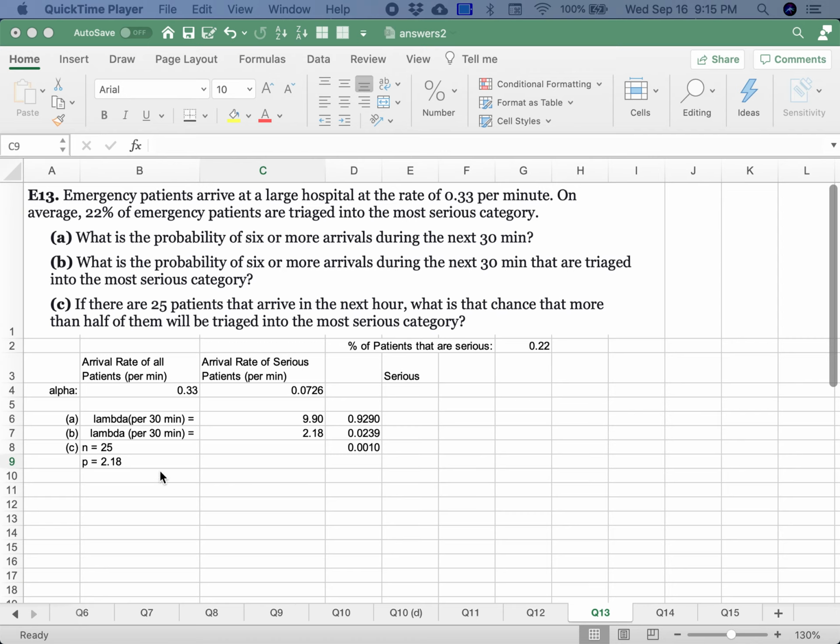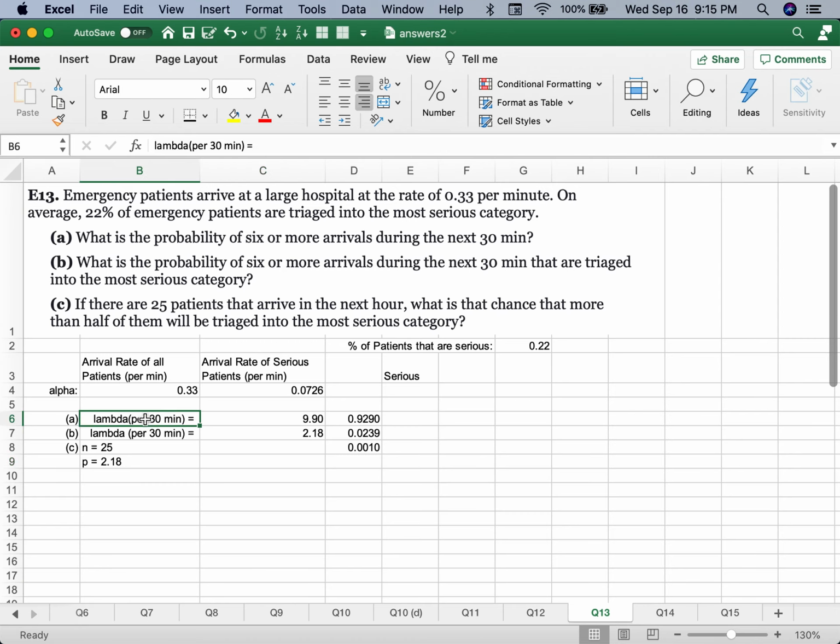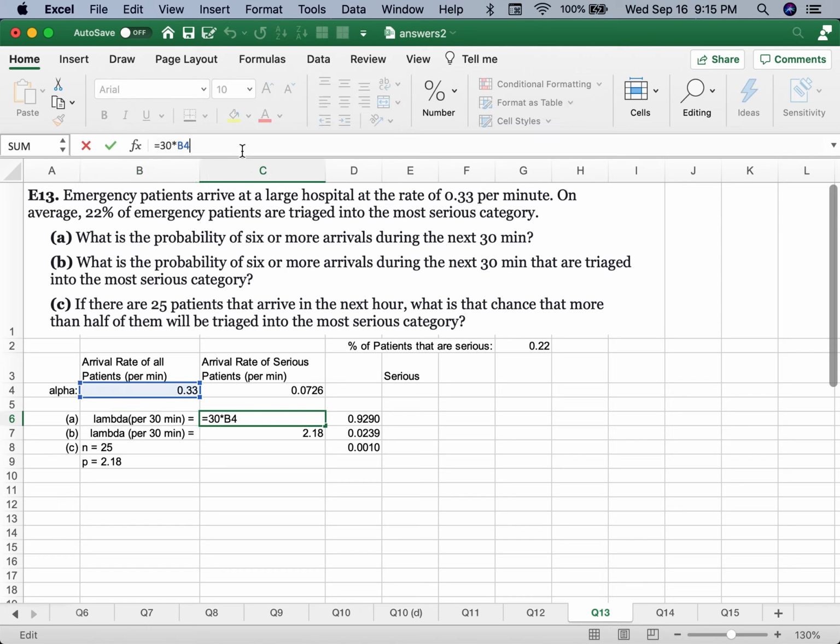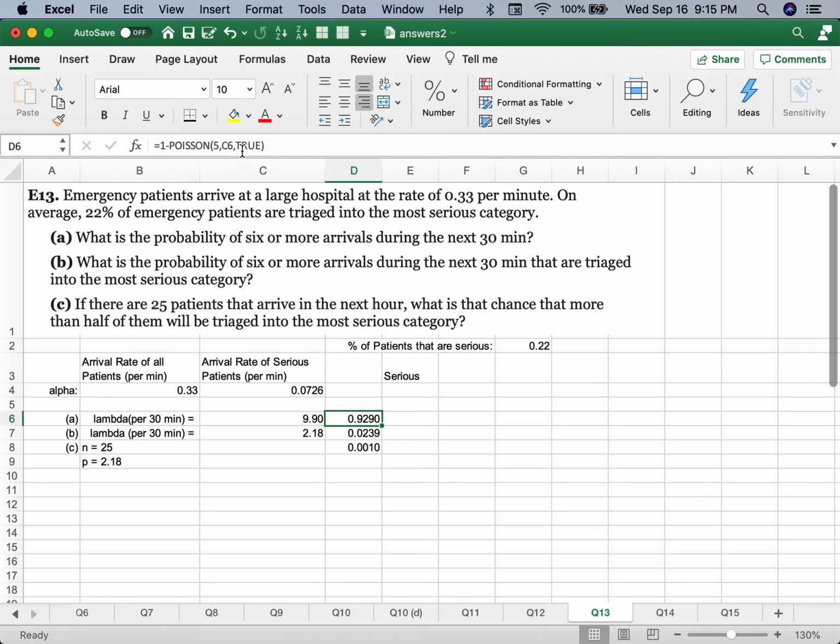So the lambda per 30 minutes here is going to be equal to 30 times B4. That will give you the expected number of patients per half hour, which is 9.9. All right. So then we are able to calculate a Poisson distribution.